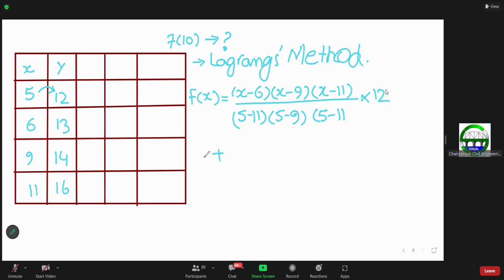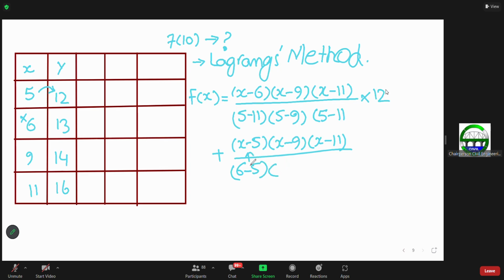Plus, now hide this one. Just imagine it's not in the table. So what you're gonna do, x minus 5, x minus 9, x minus 11 divided by, we ignored 6, so 6 minus 5. It will be the same pattern, up and down.